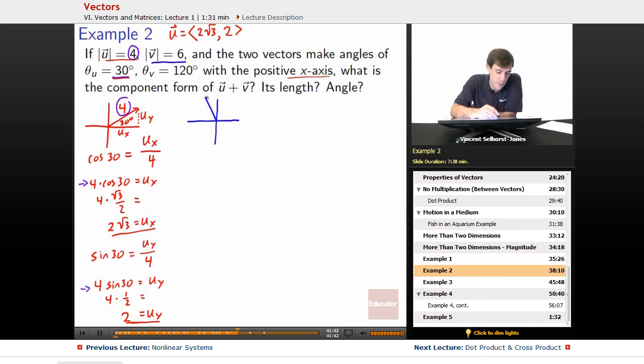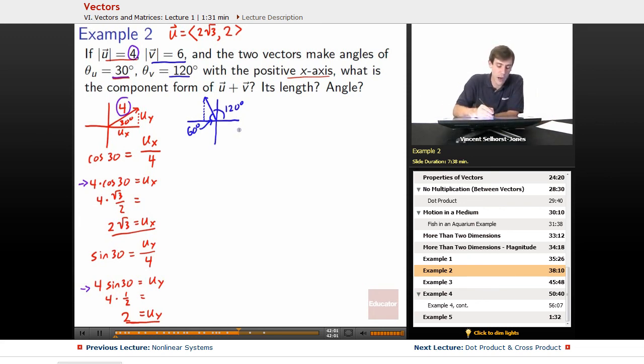So we've got 120 degrees here, right? Now, I think it's going to be a little bit easier to figure out in terms of this angle here, because it's easy to work under 90 degrees. So that is 60 degrees, because 120 plus 60 equals 180.